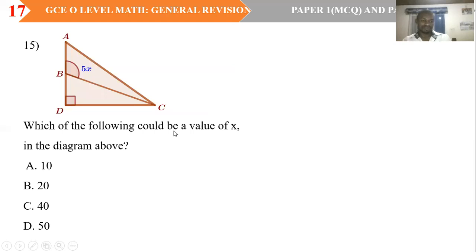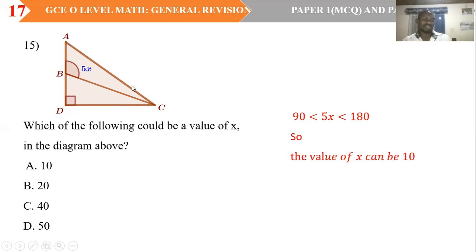Which of the following could be a value of x in the diagram above? Now, when you look at this right angle triangle, this extension from C to meet AD at B makes this angle an obtuse angle, since this one is acute and this one is acute.